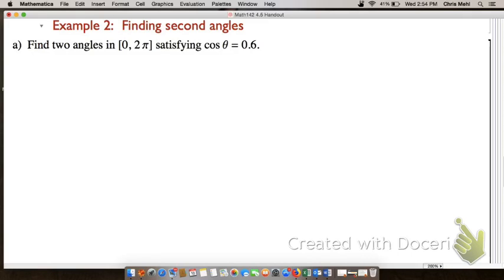On the next page, example 2, part A, we're going to find two angles in 0 to 2 pi satisfying cosine of theta equals 0.6. The first observation is that 0.6 is not a special value that corresponds to one of our special angles on the unit circle. So we're going to actually have to be using our calculator for this problem.